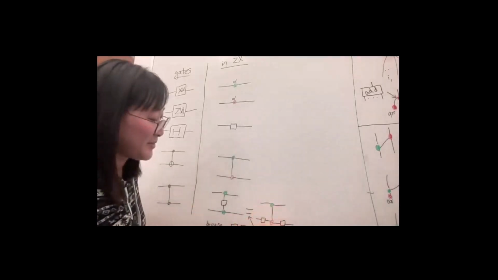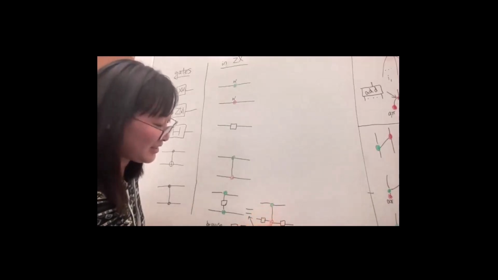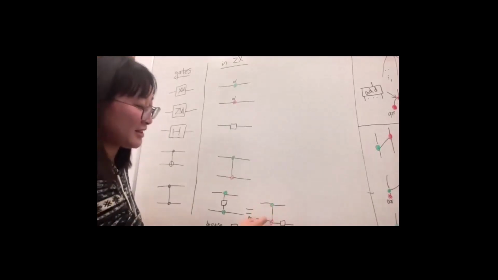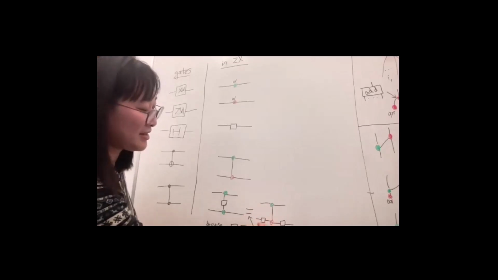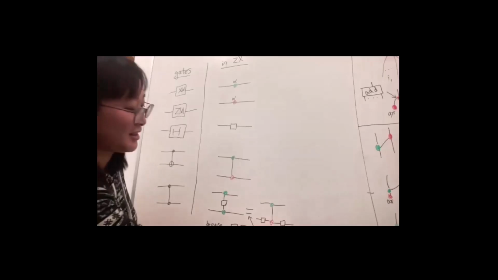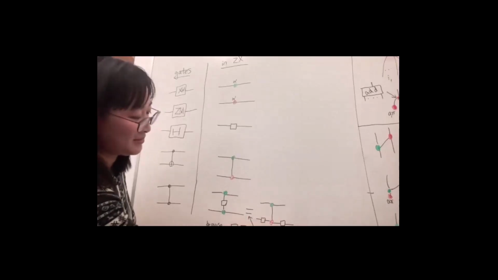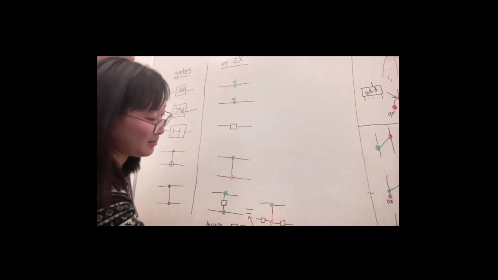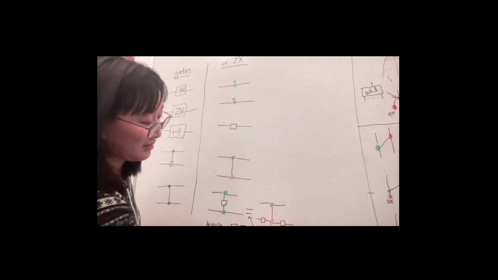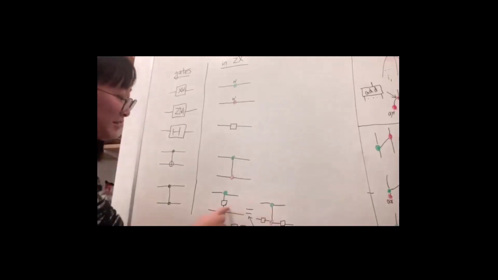Because you can color change this red to become green, and then you get Hadamard, Hadamard, Hadamard, but there was already an additional Hadamard here and here to start with. So those two Hadamards will become identity. And these two, the one from changing color plus the one you had originally, will also go away to be identity. Then you're left with only one total Hadamard, which is this one.